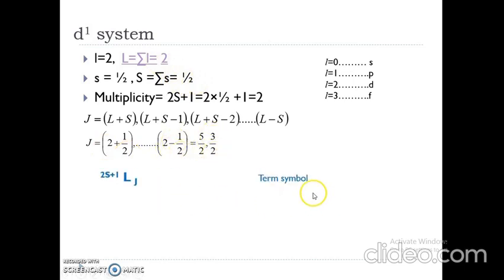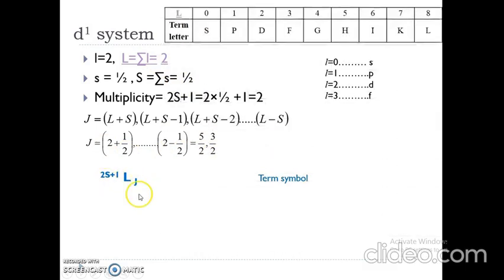Now let's write the term symbol, 2S+1 L_J. The L value is 2 and the corresponding term letter is D. Multiplicity is 2. So the term is 2D. The J value is 5/2.